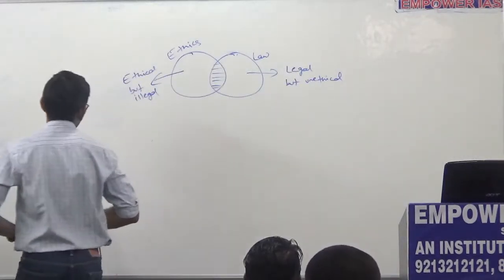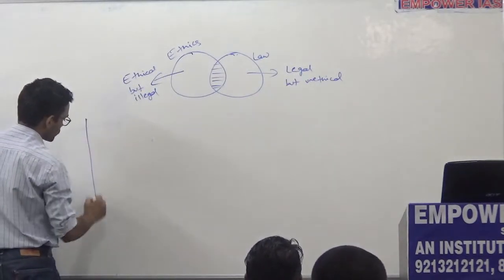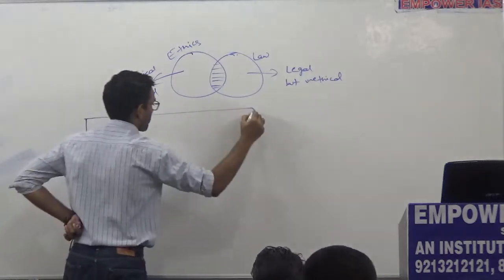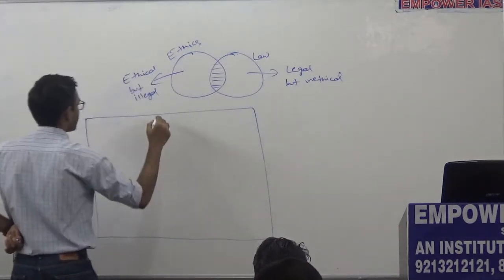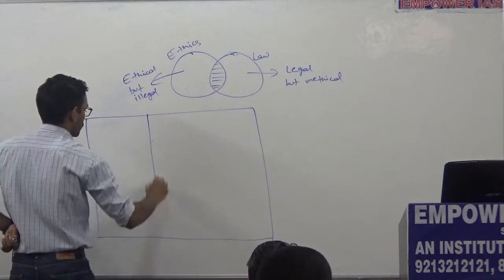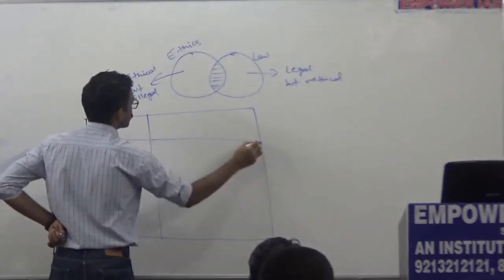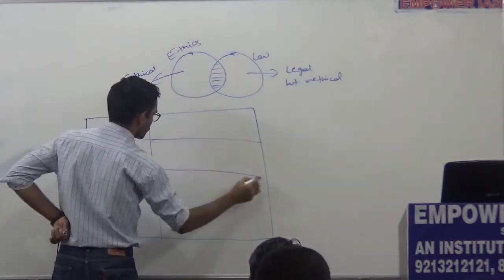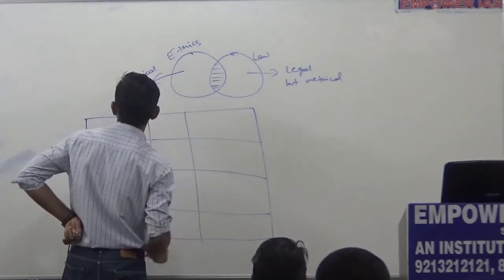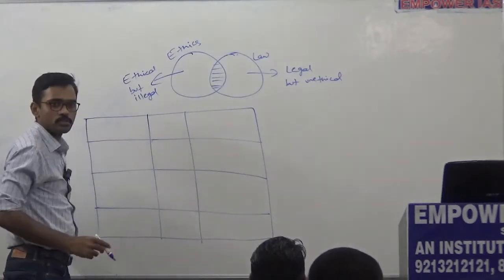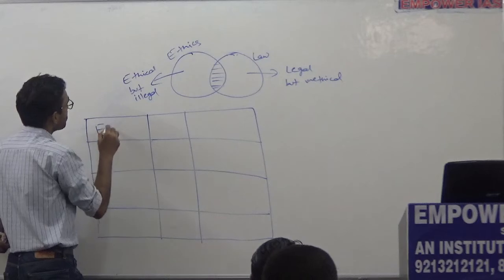So what you can do is draw a table and, using ethics and law, see how many combinations are possible. Four.